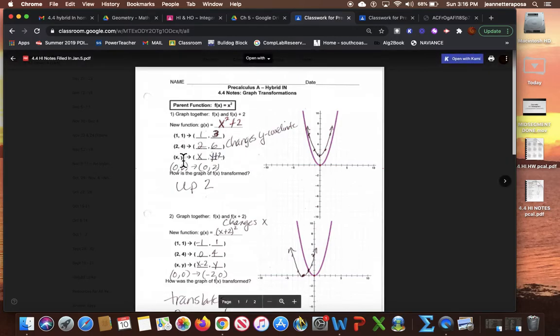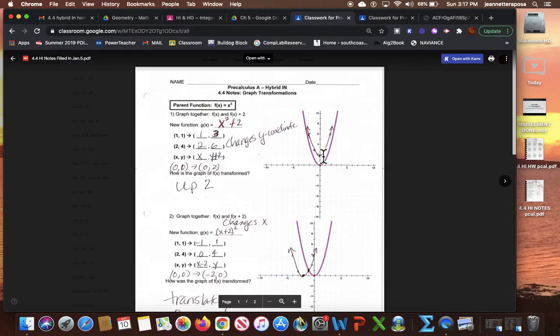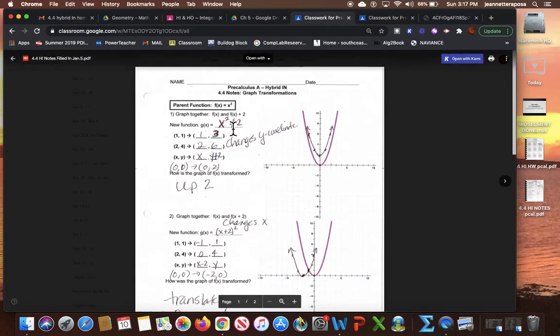The same x coordinates in the function g of x equals x squared plus 2 will result in y coordinates that are 2 more than they were before. So (0, 0) in y equals x squared becomes (0, 2) in f of x plus 2. So everything shifts up 2 units because the y coordinate is our up-down shift. It tells us whether things are moving up or down. So that moves things vertically. So it moved up vertically 2 units.